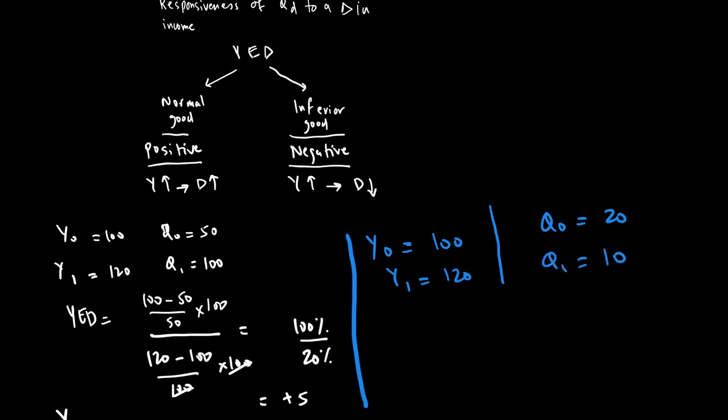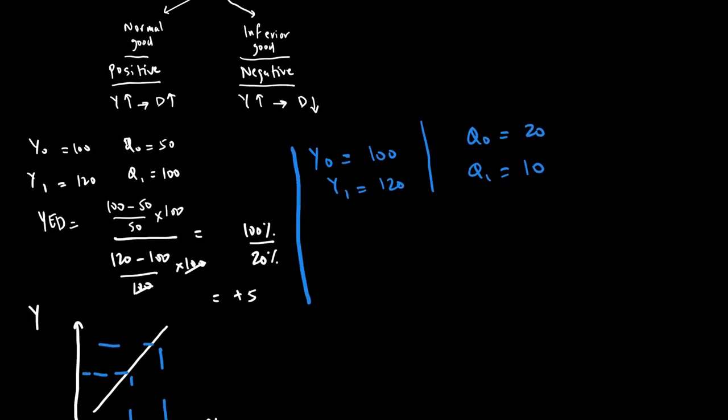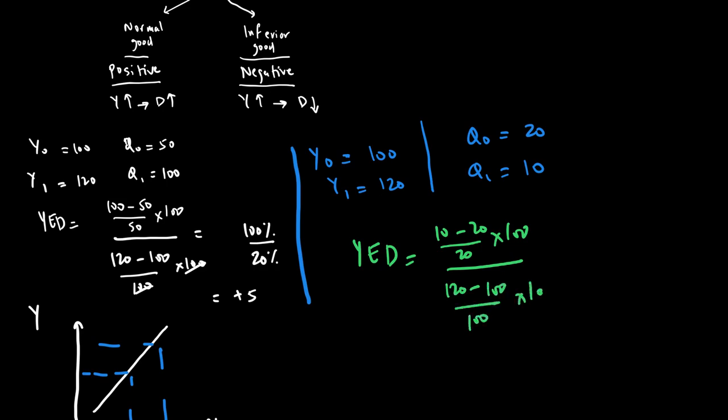So my YED in this case is going to be new minus old, so 10 minus 20 over 20 times 100, over 120 minus 100 over 100 times 100. So I'm using the formula new minus old over old times 100, right?